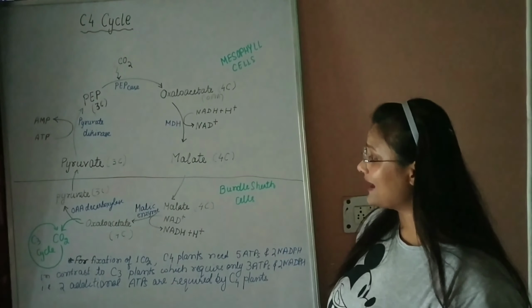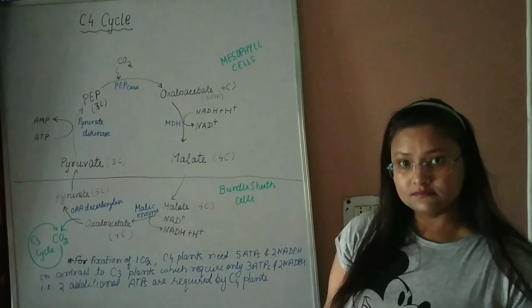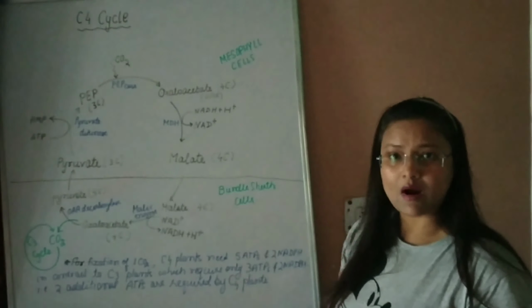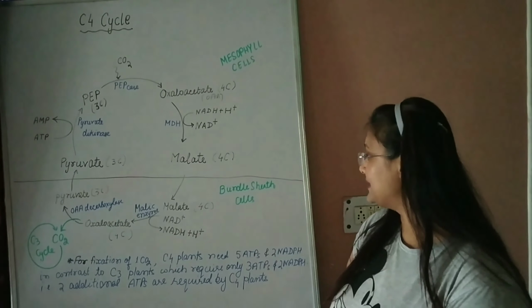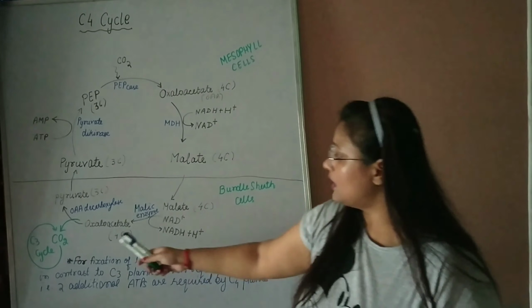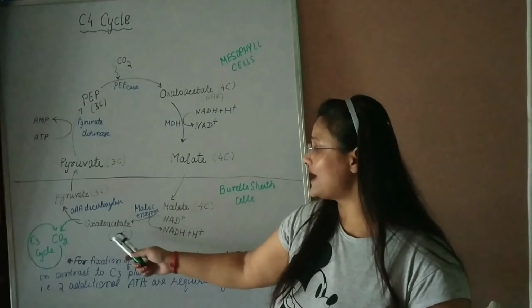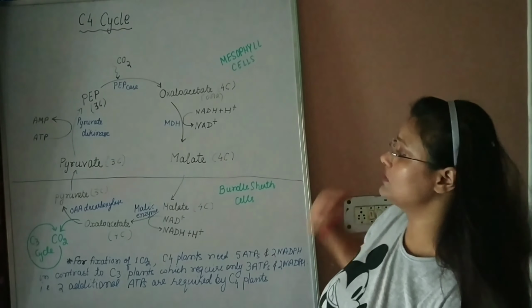So that is why it is known as CO2 concentrating mechanism, because this carbon dioxide will not go to the environment. It will be used by the C3 cycle, which will operate in the bundle sheath itself. Now after decarboxylation, oxaloacetate will get converted into pyruvate, which is a 3-carbon compound.